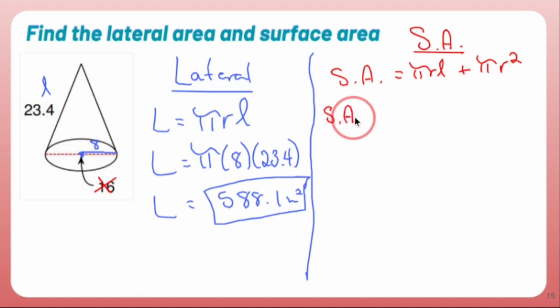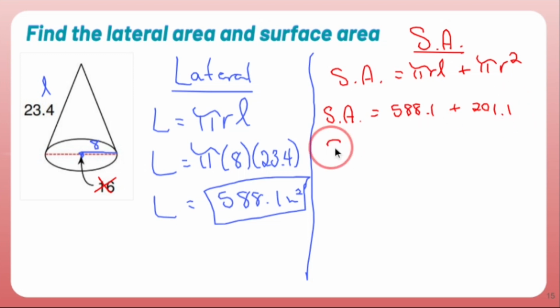I already know that pi r L is 588.1 plus pi times 8 squared, which according to my phone is 9. That can't be right. What's pi times 8 squared? Yeah, that's much better. 201.0619, so I'll do 201.1.